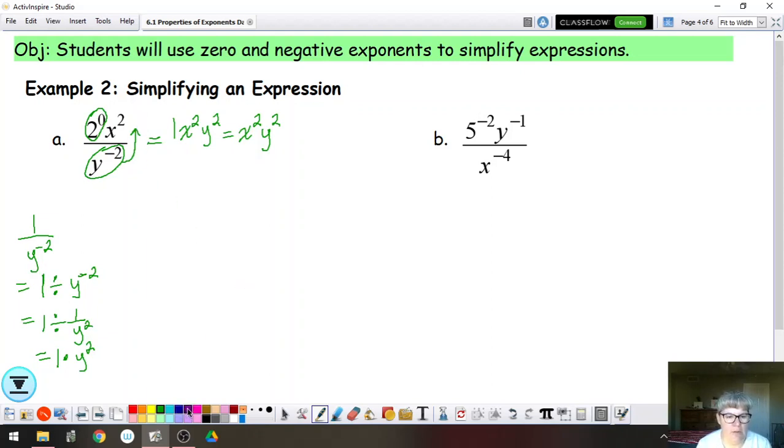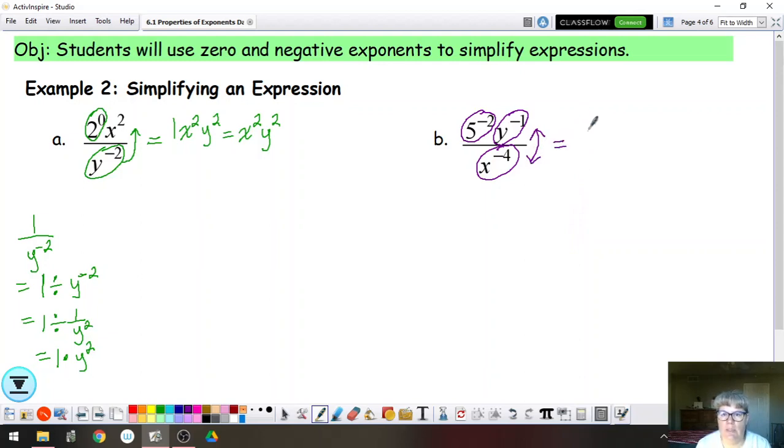If we take a look at example B, everything has a negative exponent. Because everything has a negative exponent, we can just write the reciprocal, we can just flip everything and change the exponents to positive.